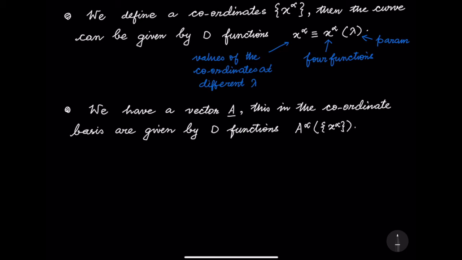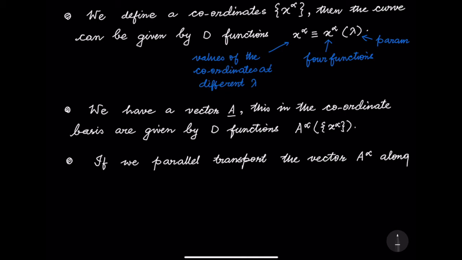What I mean when I say parallel transporting the vector A along the curve lambda is, so when I say vector A alpha, I mean vector A, just written in terms of its components in that basis.